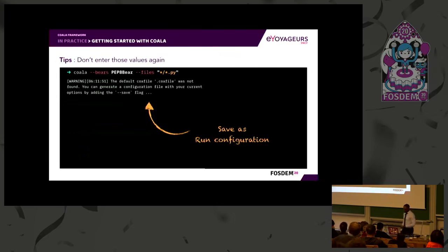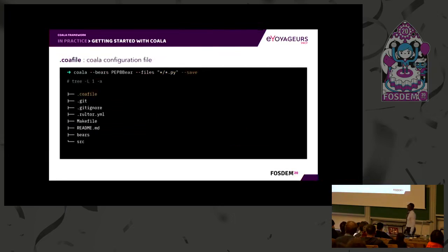That brings us to the configuration file. As I said, you have a lot of tools and a lot of configuration files to tell how the tools should analyze your code. In Coala, you have one file to deal with all bears.